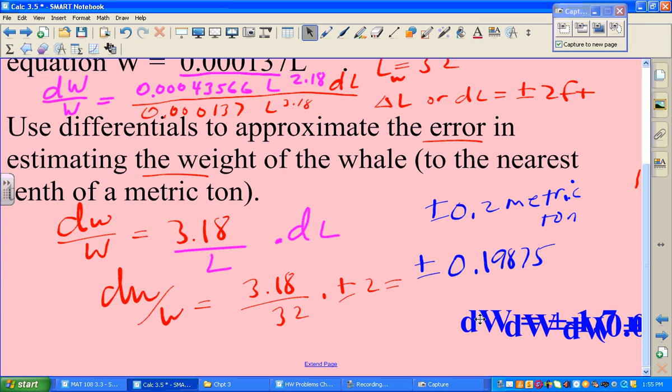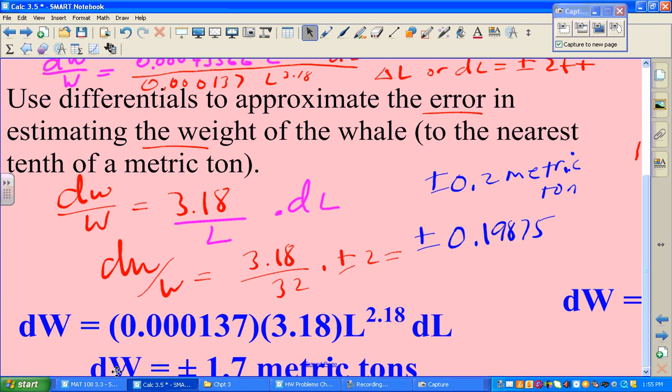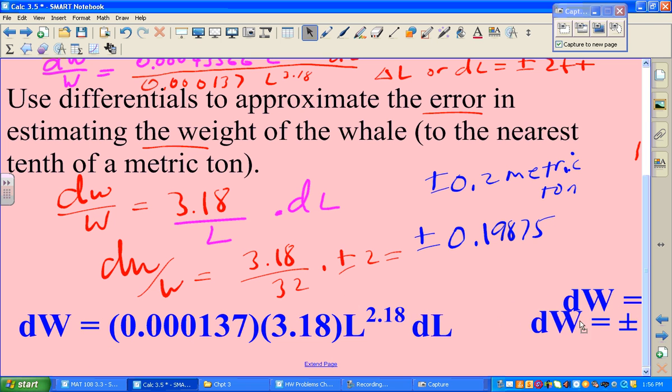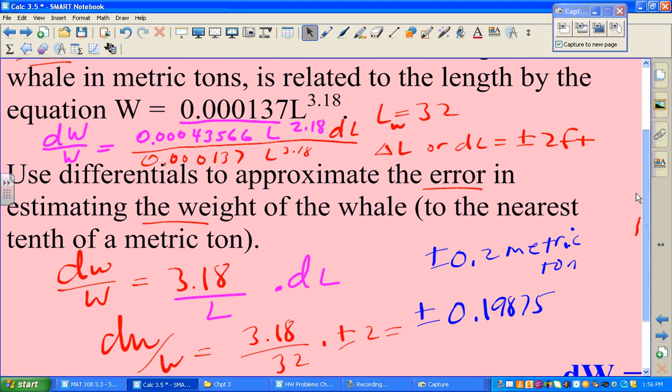How do you get plus or minus 1.7? Something wasn't doing the right one. Did you do the first numbers? No, that's weird. Plus or minus 1.7. Wait a minute. Chase? Is the word average in this? No. Approximate.